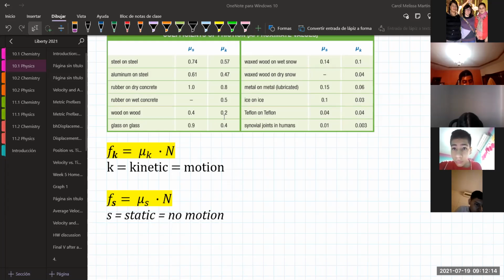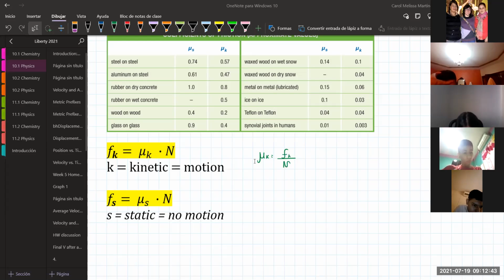For example, if the materials are not indicated, but they give you the friction and ask you to find the coefficients, the kinetic coefficient is going to be equal to the kinetic friction divided by the normal.